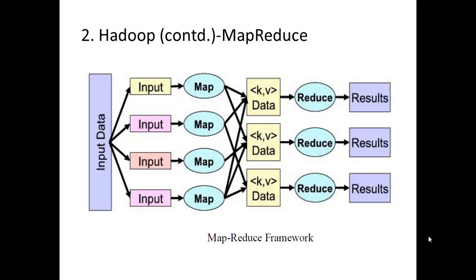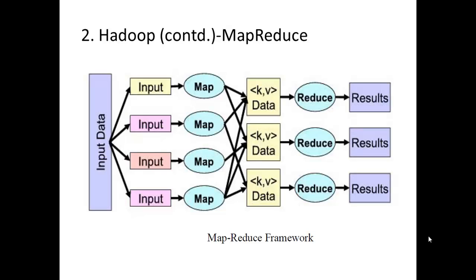As you can see, the input data will be split into different small data sets, and each data set will be assigned to different mappers. We can say map jobs, and after the map finishes its computation, some intermediate data will be generated and stored in a temporary location, and then the data will be pulled by the reduce phase.